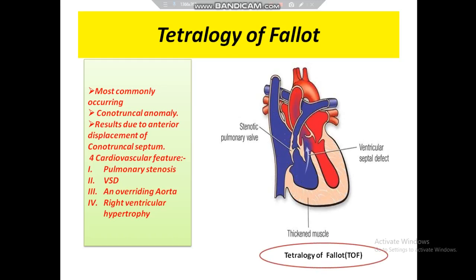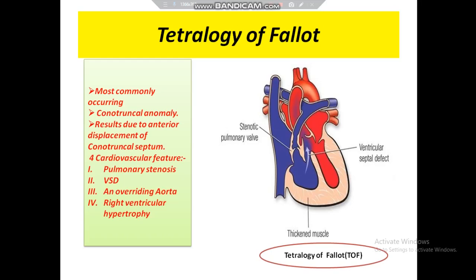Now here, what can we see, 4 things we have. One is stenotic pulmonary valve. That means this pulmonary opening, the right ventricular outflow, is stenosed, narrow. And there is another thing, the ventricular septal defect. There is a defect in the interventricular septum, and because of this there occurs some high pressure in the right ventricle.